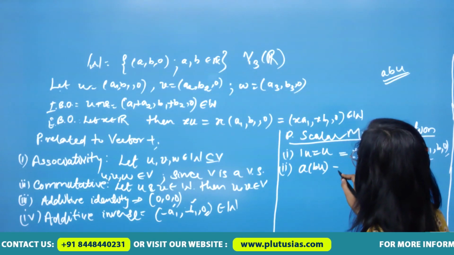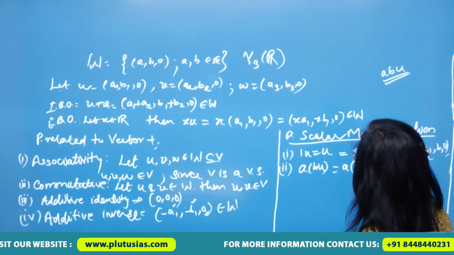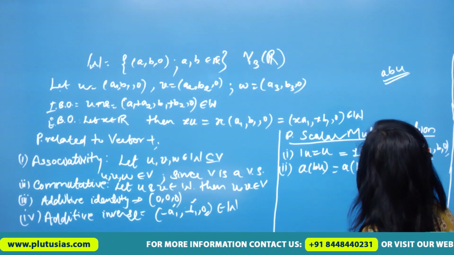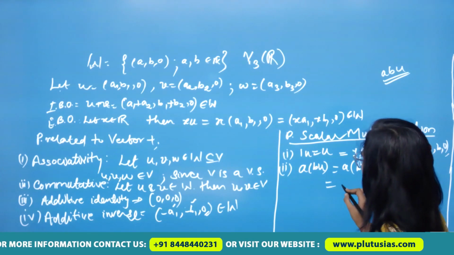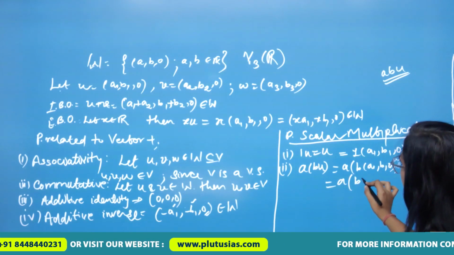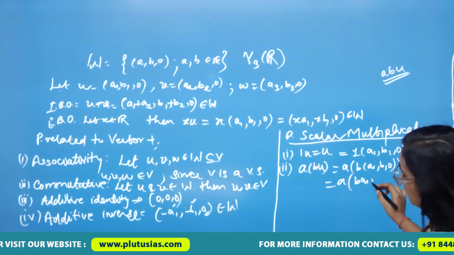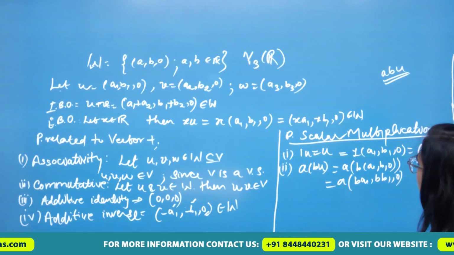So if we write a, then b, and u, we have a1, b1, 0. This would be a, b into a1 comma b into b1 comma 0, right?